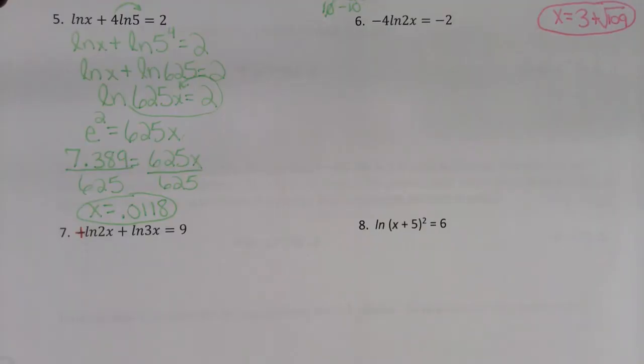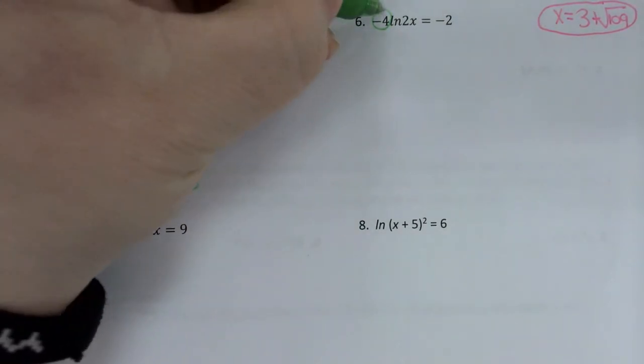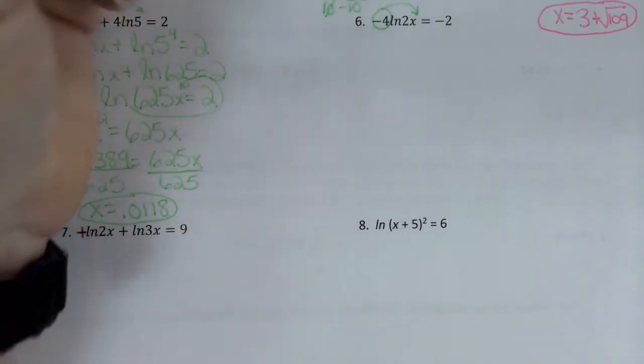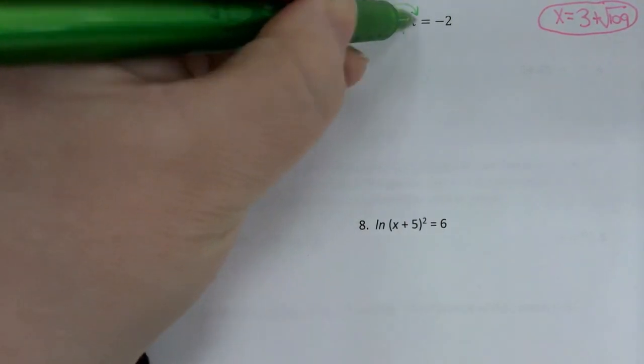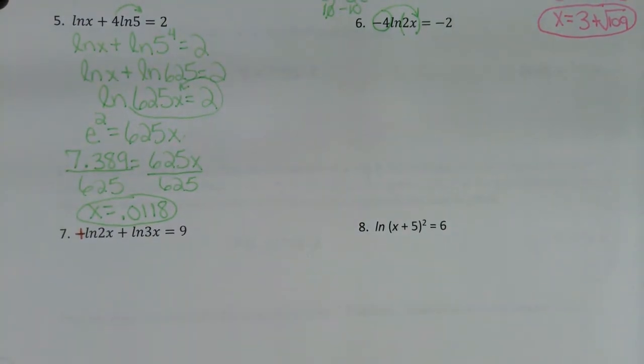For number 6, we don't have any product or quotient property to apply, but I do have a coefficient in front, which means I have expanded form of the power property. So I'm going to take that coefficient of -4, and it becomes the exponent of my log number. Now it has to become the exponent of the entire log number, not just the x.